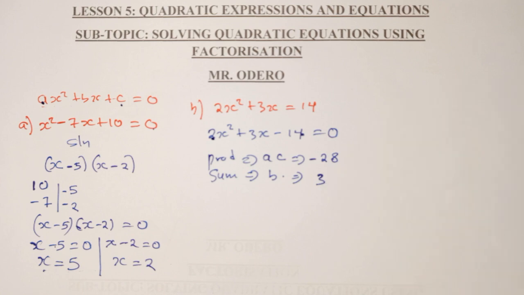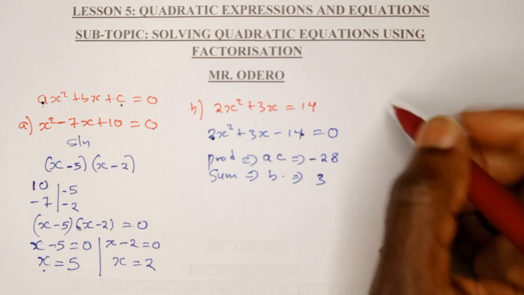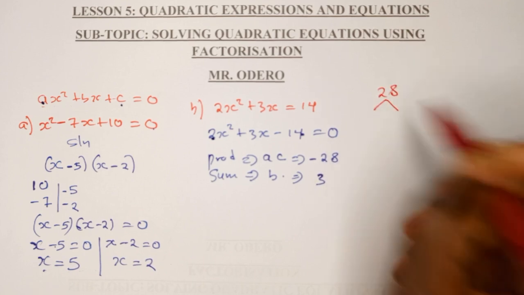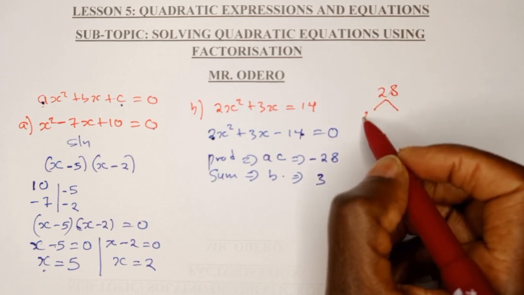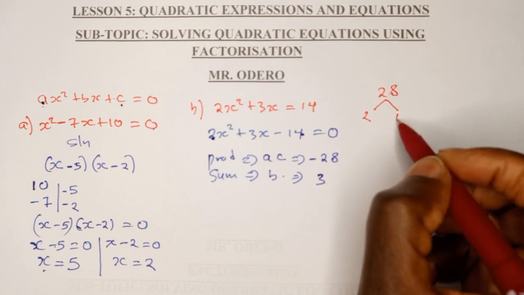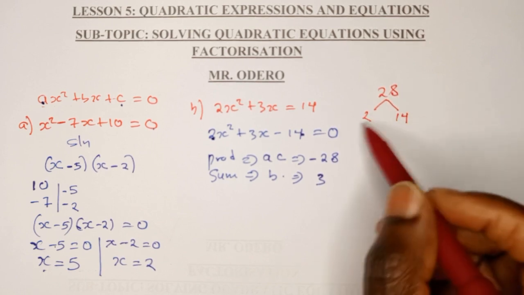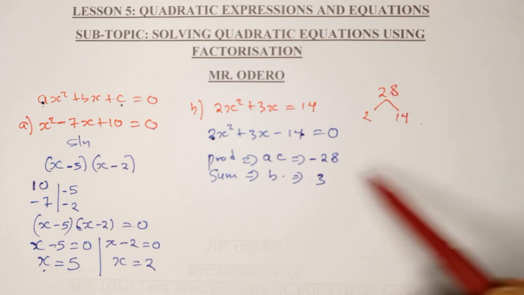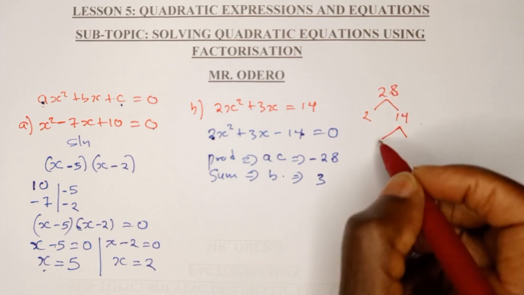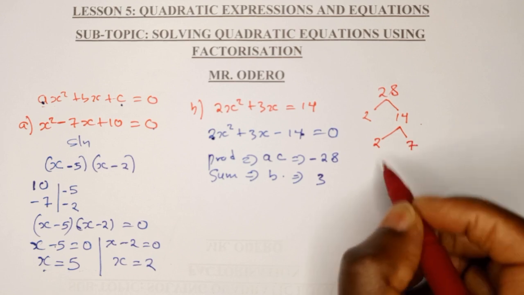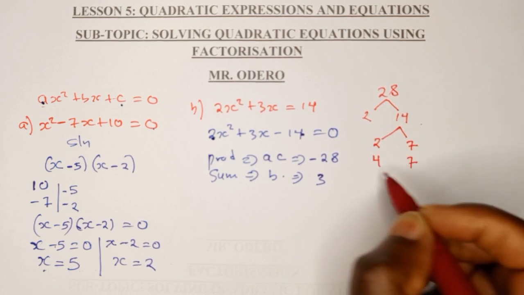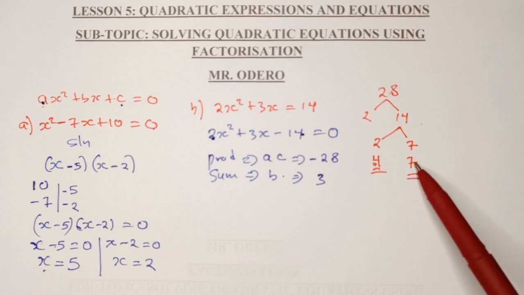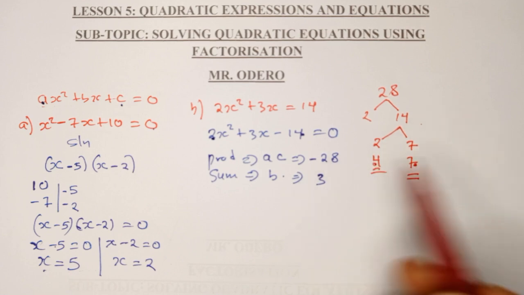If you don't know how to do that, you can come up with a diagram like this. Come up with the 28 and do a checkup. 2 goes there, 14. There's no way these two factors, if you multiply them, you get 28, but when you add, you cannot get 3. So continue. 4 goes there, 7. So you're going to have 4 and 7. If you check these two, 4 and 7, it is true.